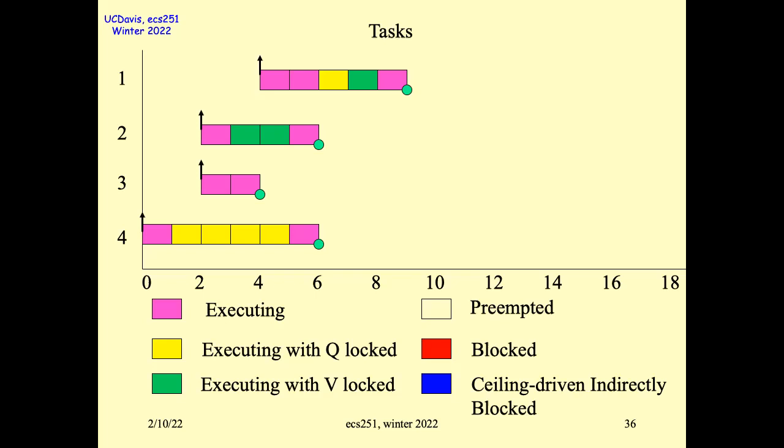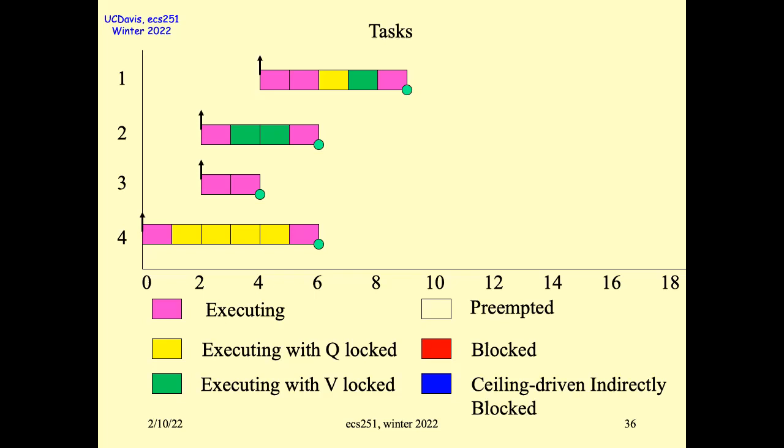Task number 1 needs both semaphores. Task number 2 wants green, and task number 4 wants yellow. Task number 3 needs nothing, just a local computation. For the other 3 colors, white, red, and blue, red is essentially saying that it's blocking.